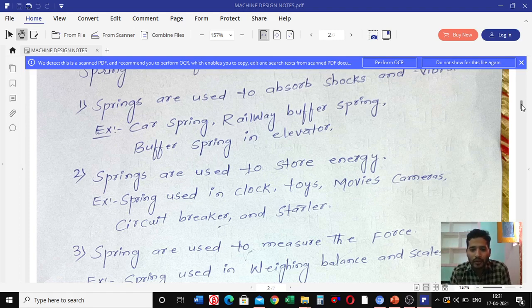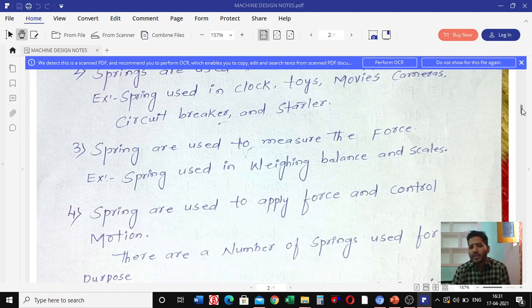Is it right? And the third function of the springs is that springs are used to measure force. Which type of force is acting on the spring? Either a tensile load or a compressive load acting on the spring, and we are measuring the force. For example, these springs are used in the weighing balance.